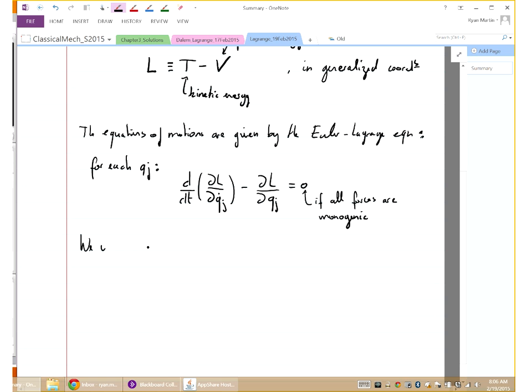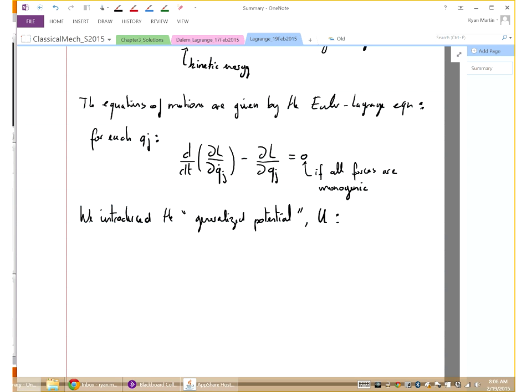We also introduced the generalized potential. And a generalized potential is just a more general case of a potential that gives rise to a conservative force.